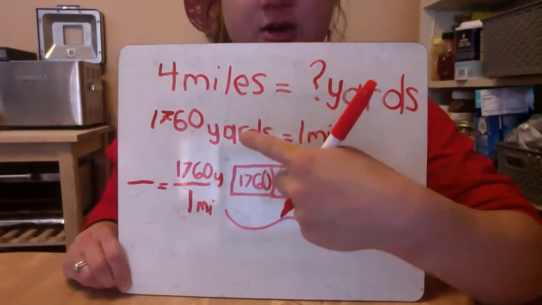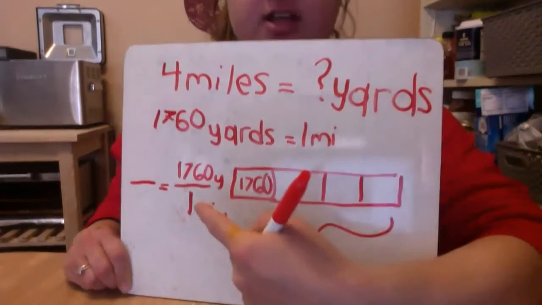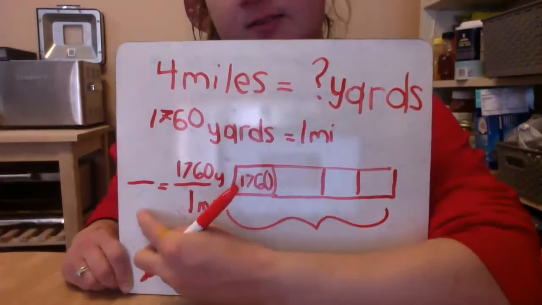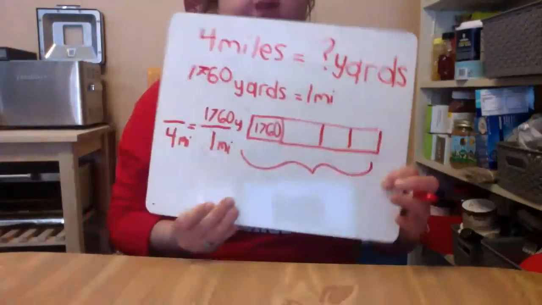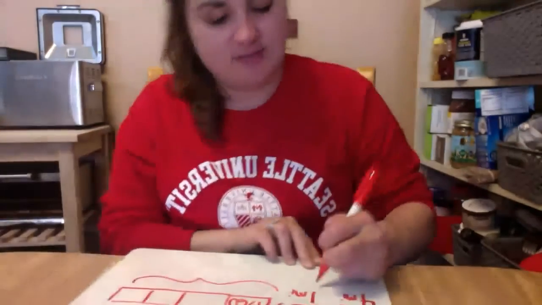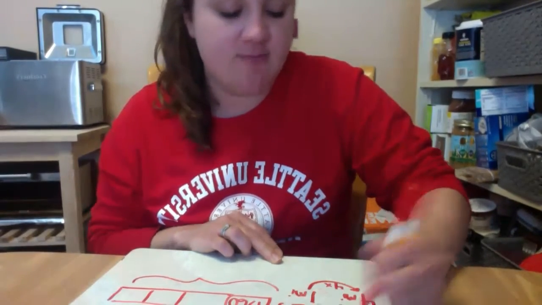I actually know miles, not yards. Yards is my question mark, what I'm trying to figure out. So that means I'm going to write in my miles right across from my first one. Like so. Now I'm asking myself, 1 times what is 4? 1 times 4 is 4. So I need to do the same thing on top.